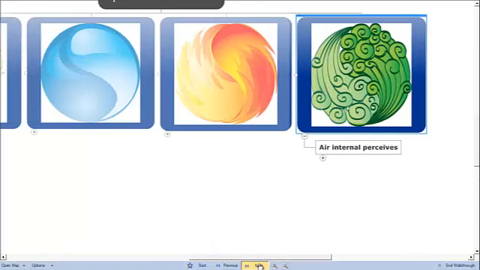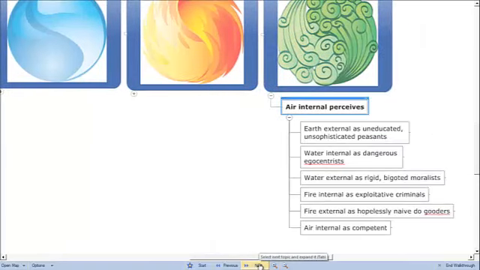So, air internal perceives earth external as uneducated, unsophisticated peasants. It perceives water internal as dangerous egocentrists. It perceives water external as rigid, bigoted moralist. It perceives fire internal as exploitative criminals. It perceives fire external as hopelessly naive do-gooders, and it perceives its own level, air internal, as competent.